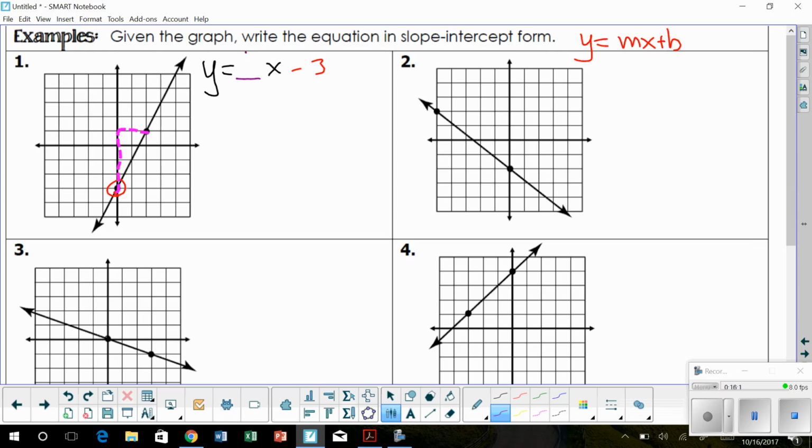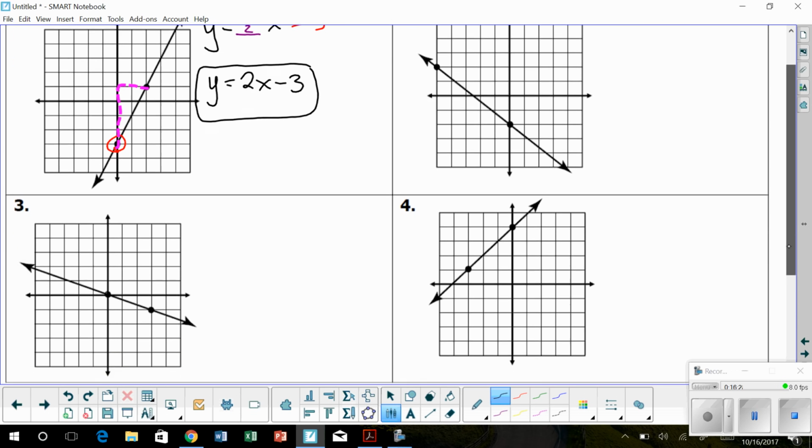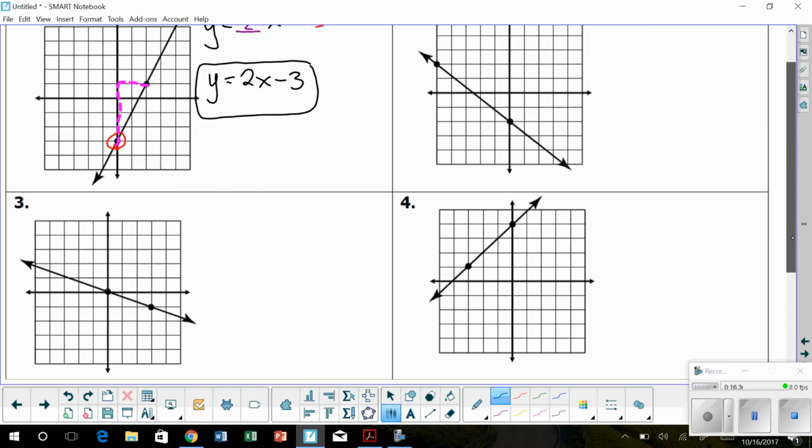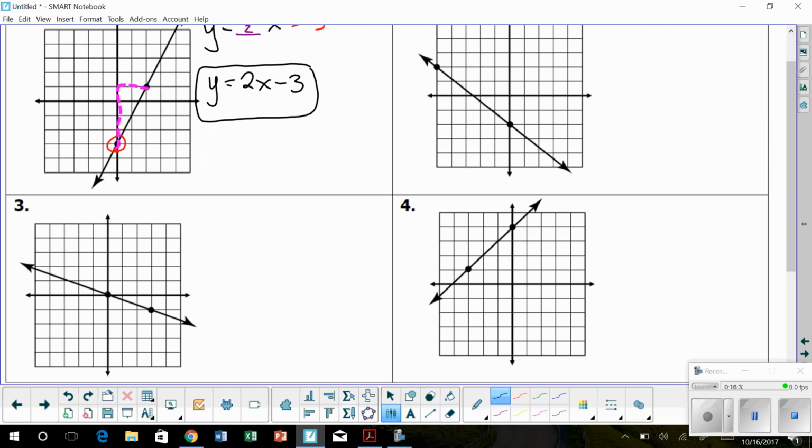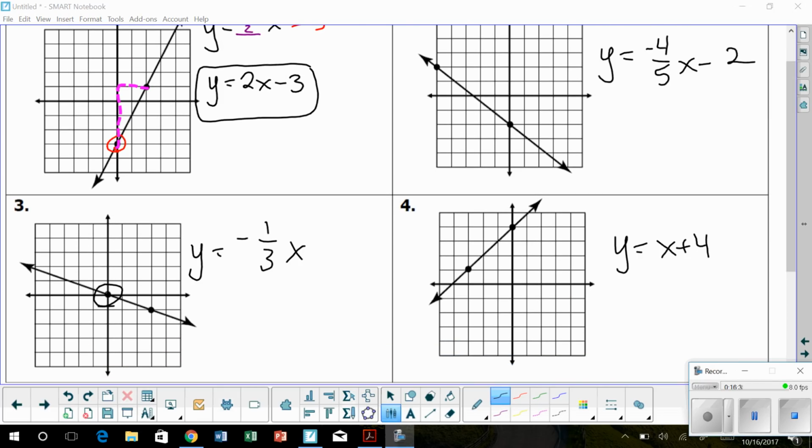So 4 over 2. To clean it up, y equals 2x minus 3. That's all it is. Okay, I want you guys to finish up this page. Or how about if you do 1, 2, 3, 4, go. And check your answers, make sure they're right.